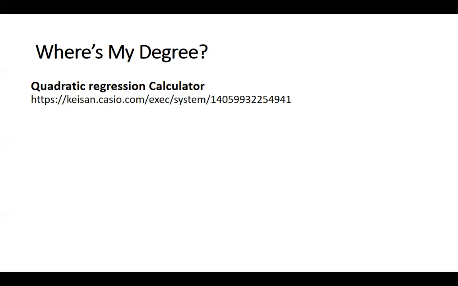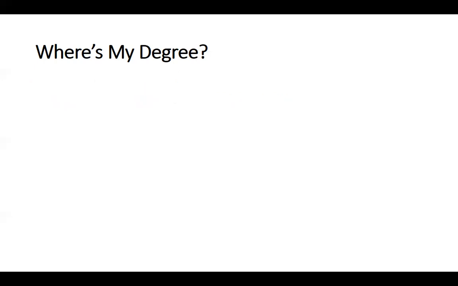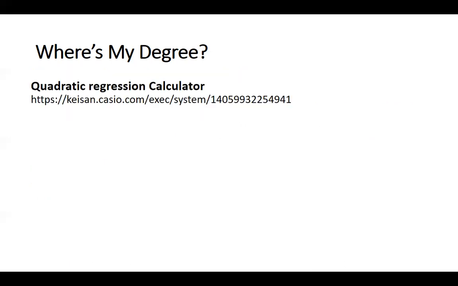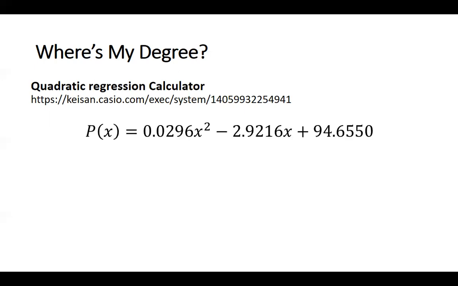So I did that. I plugged those data values into that quadratic regression calculator, and I got the following quadratic equation. P of x is equal to 0.0296 x squared minus 2.9216x plus 94.6550.